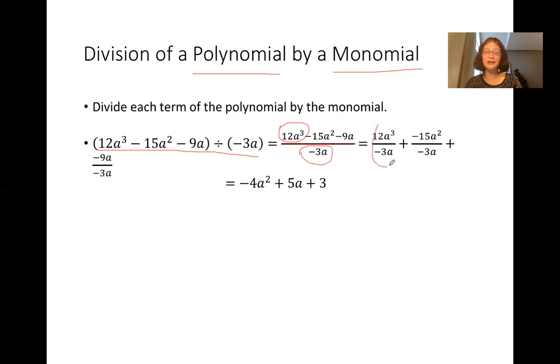So you get this item here. And next, do the negative 15a squared divided by negative 3a, you get this item. Last one, you do the negative 9a divided by negative 3a, you get this one here. So this one should be here if you add them on one line.